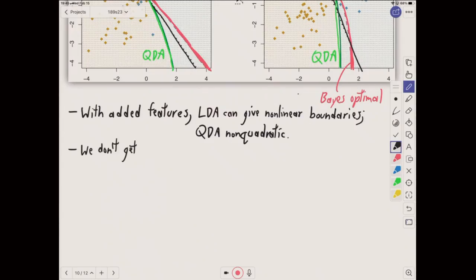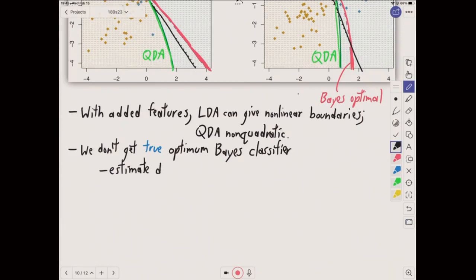And another thing I want to point out, very relevant to the last question I was asked, is the fact that although QDA and LDA are motivated by trying to find the Bayes optimal classifier, you don't actually get the exact true Bayes classifier for two reasons.